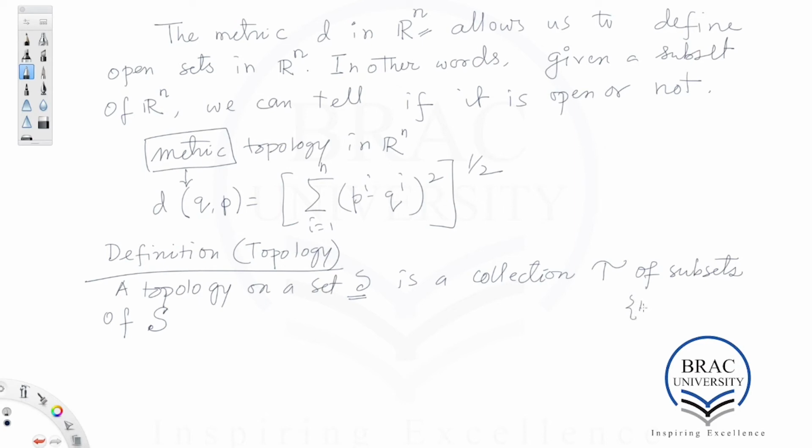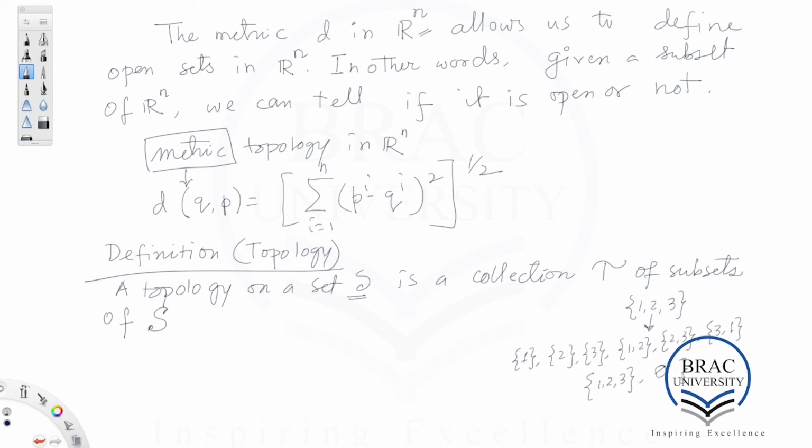Okay, so 1, 2, 3 is a set. So we can take all possible subsets. Say we're looking for all possible subsets for the moment. What are the possible subsets of this set? 1, 2, 3. These are the singletons, and we have two element sets: 1,2; 2,3; 3,1. Then we have the entire set, which is also a subset of itself, and we have the empty set.